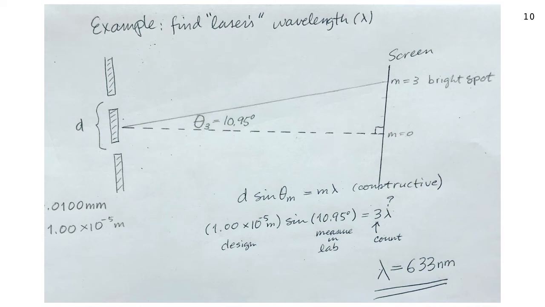Right, this is my design. This is my measurement in the lab. And then this is also in the lab. You just count that. All right, so you can figure out lambda. So go ahead and calculate lambda. Let's see if you get lambda by itself. Go ahead and calculate.